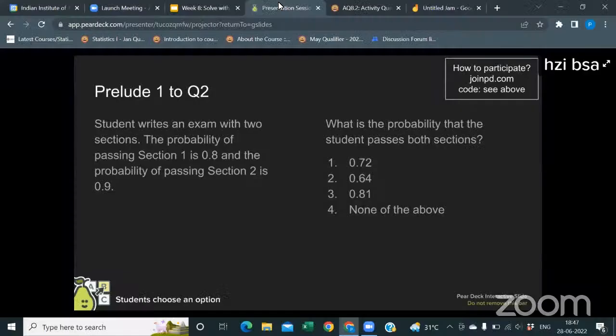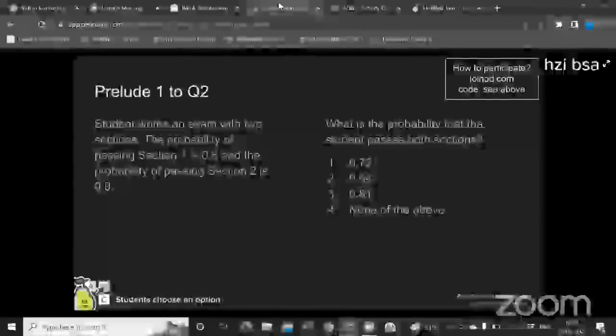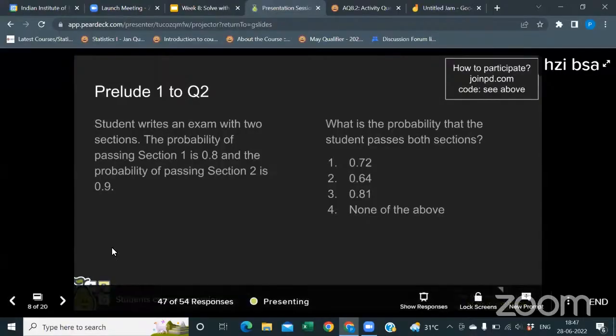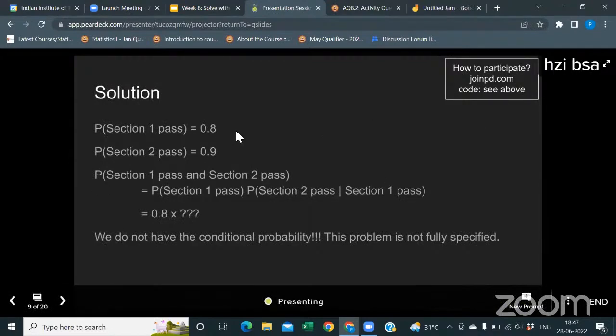In an independence question, if things are obvious, then it's okay. Otherwise, it will be mentioned that these two things are independent of each other, right? Here you are given the probability of passing section 1, which is 0.8, and passing section 2 separately, 0.9.